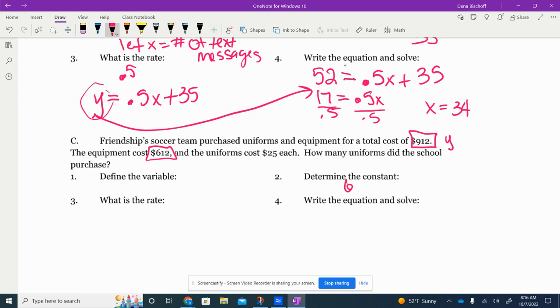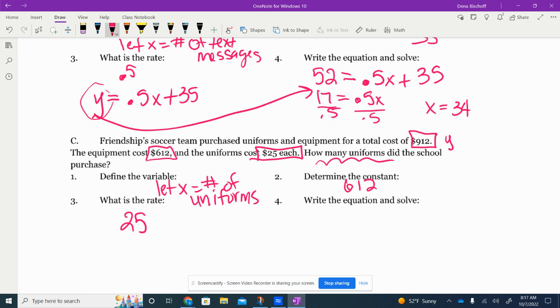That's my flat fee, plus $25 per, or $25 for each uniform. The question, how many uniforms did they buy? So let's let X equal the number of uniforms. X is the number of uniforms.